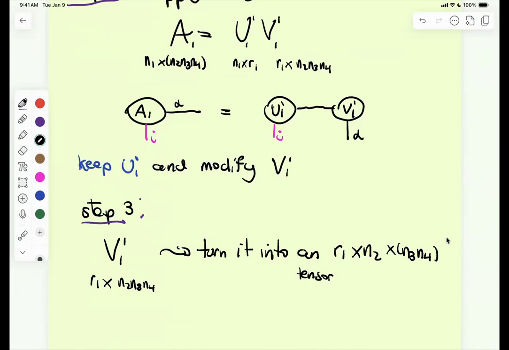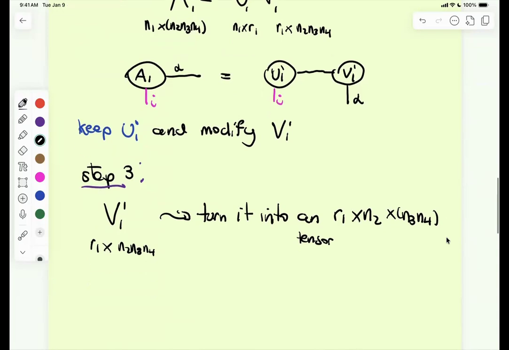Now I have this tensor and I apply the same process to it. I turn it into a matrix, but the matrix will be R1 and 2 times N3 and 4.